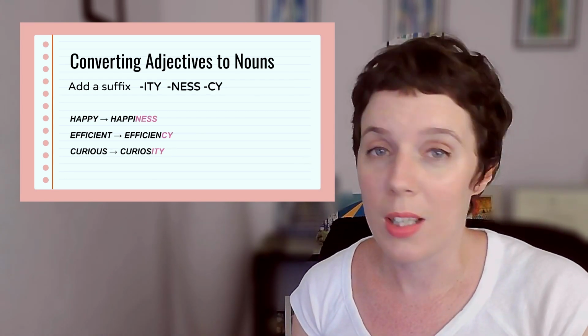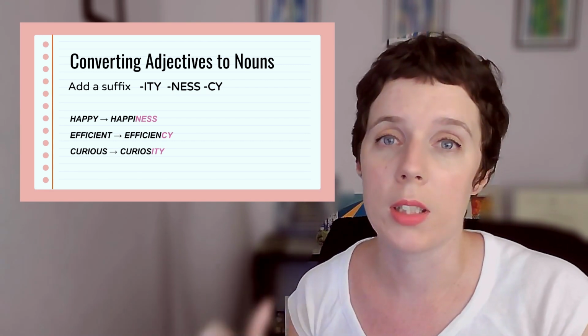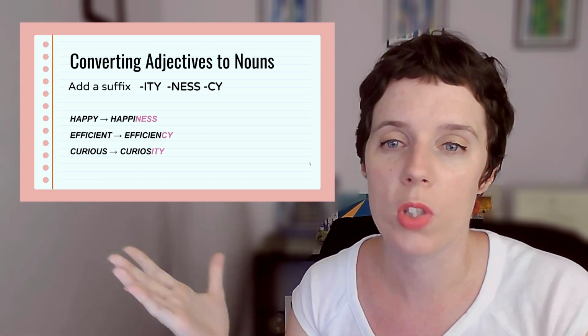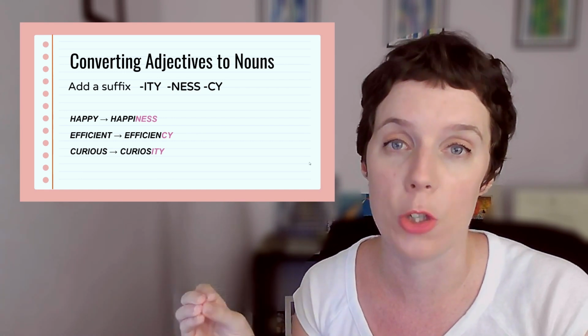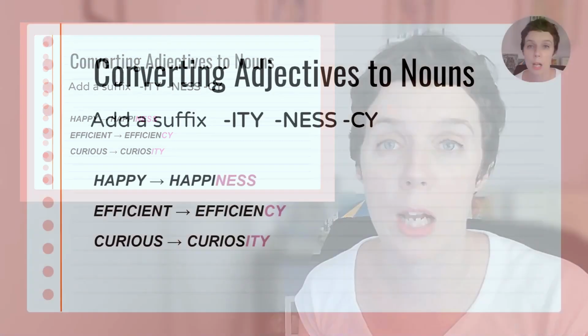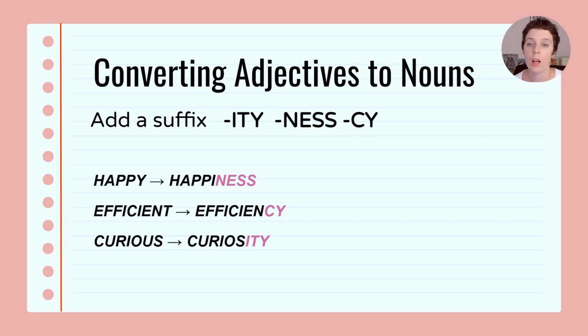Adjectives to nouns, again, similar thing, just add a suffix. Either -ity, -ness, or -cy, they're the most common suffixes that we would add to adjectives. So for example, happy becomes happiness, efficient becomes efficiency, curious becomes curiosity.